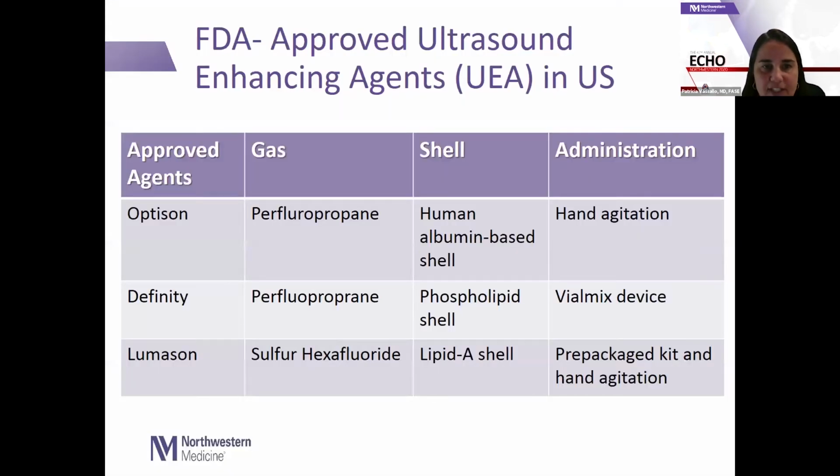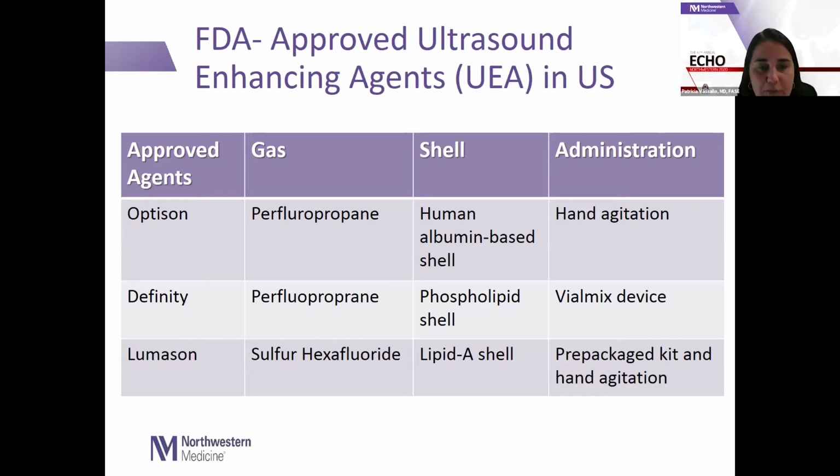There are 3 FDA-approved ultrasound enhancing agents in the United States. These are Optison, Definity, and Lumason. They all have a heavy gas, but Optison and Definity use perfluoropropane, while Lumason uses sulfur hexafluoride. In addition, they all have a thin shell.